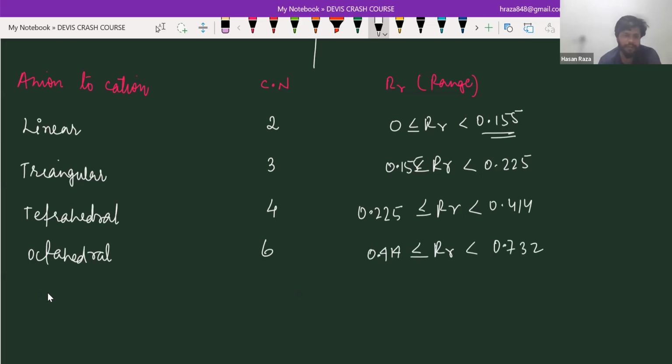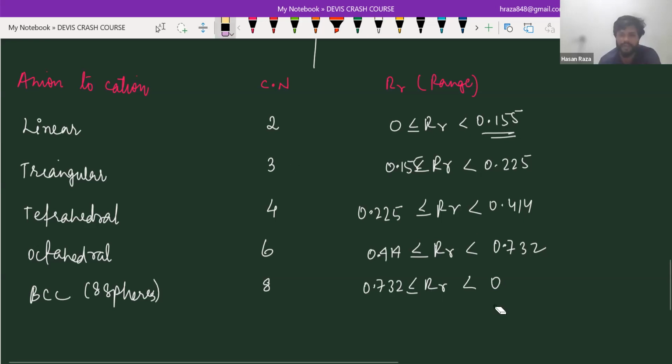And then BCC comes. Here 8 spheres are there, the coordination number is 8, and its radius ratio will be greater than or equal to 0.732 and lesser than 1. And then cubic close packing comes.